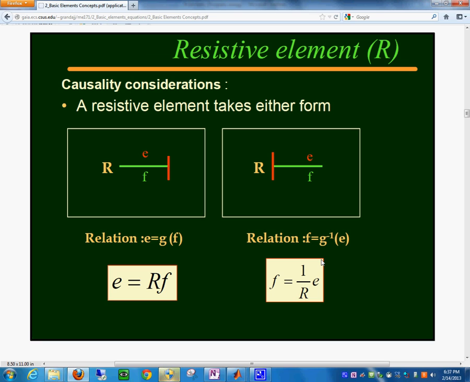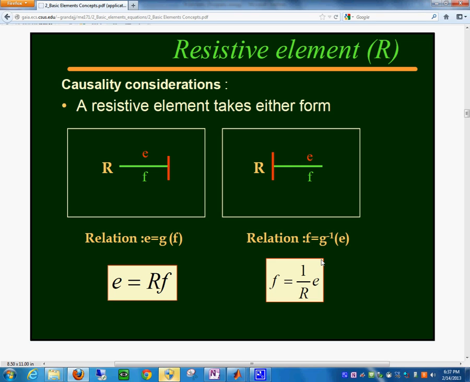You see that the picture on the left hand side, what is the output from the R element? It is the red stroke. What is going away from the element is what the output is.